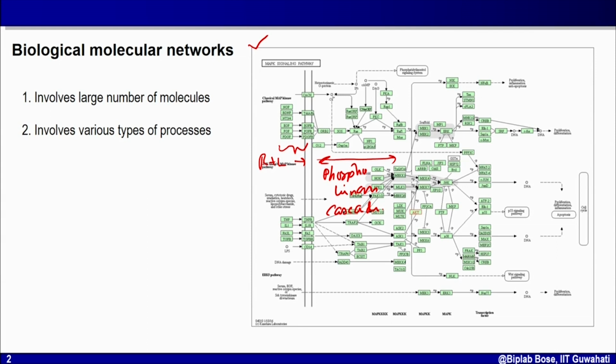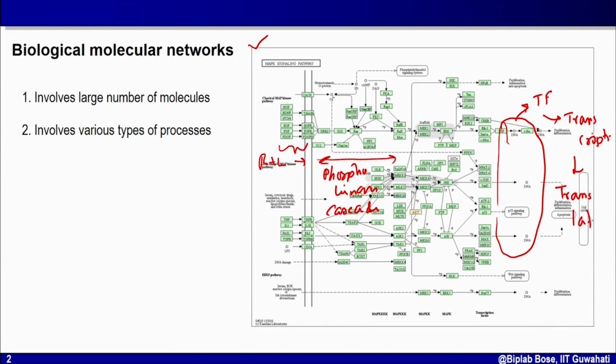Then in this part, they are showing how transcription factors are working so that transcription is happening, followed by translation. So if you look simply at this reduced model of MAP kinase pathway, there are multiple processes.